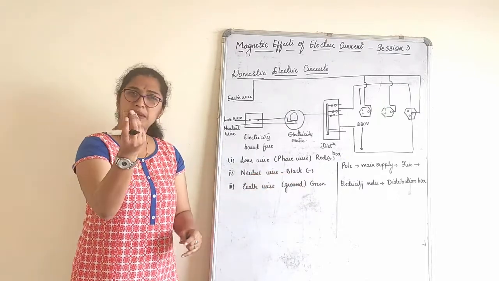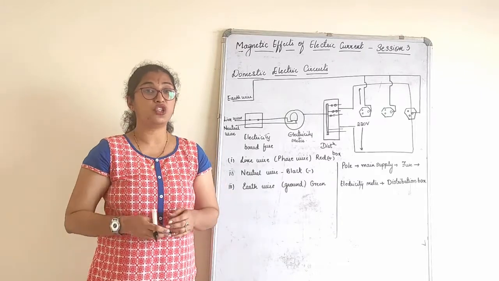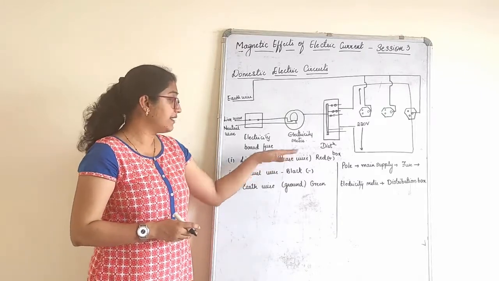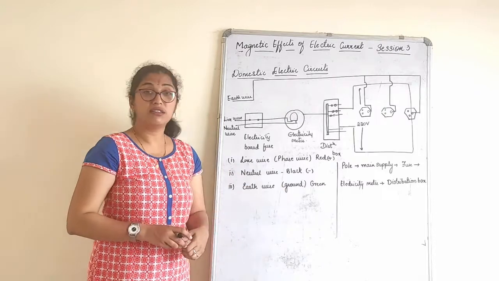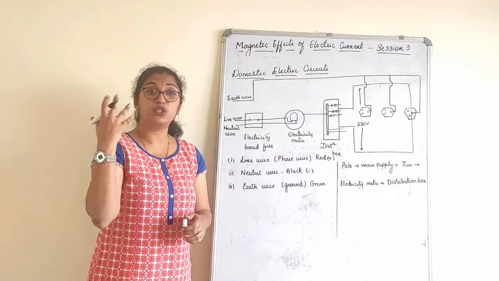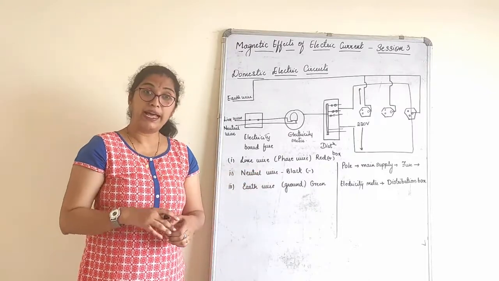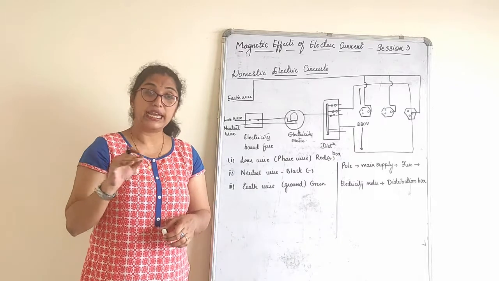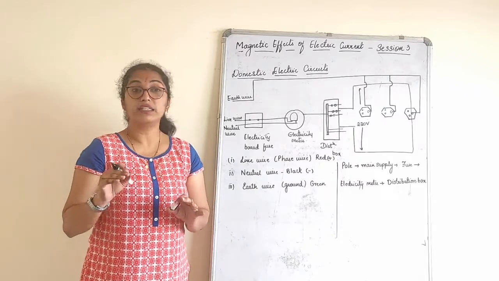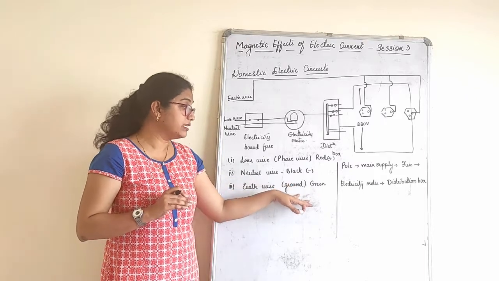Black, green, sometimes blue you see, but the constant color convention we use is: live is red, neutral is black, earth is green. The live wire carries the positive current flowing in it. The neutral wire is black, absolute zero, negative, where no current flows. The earth wire is grounded, in green color.